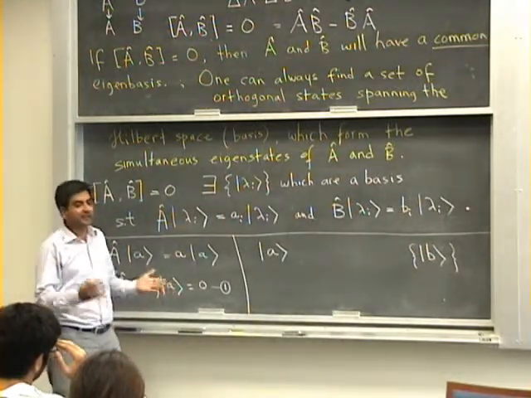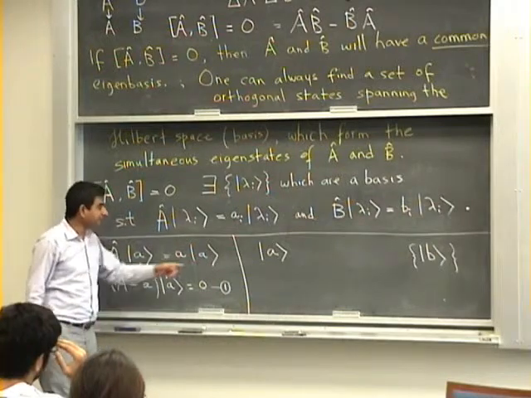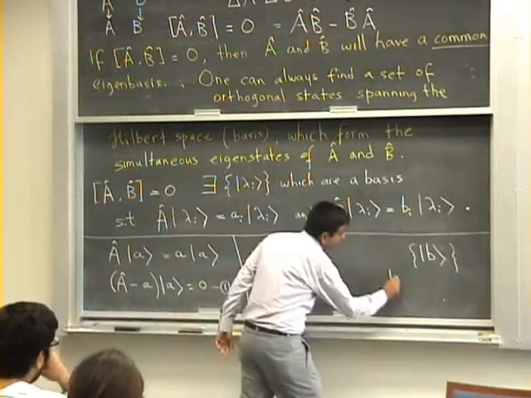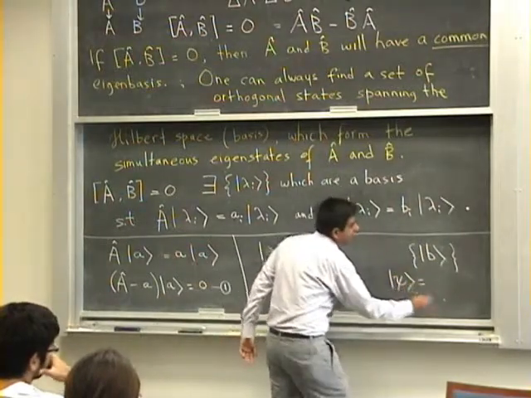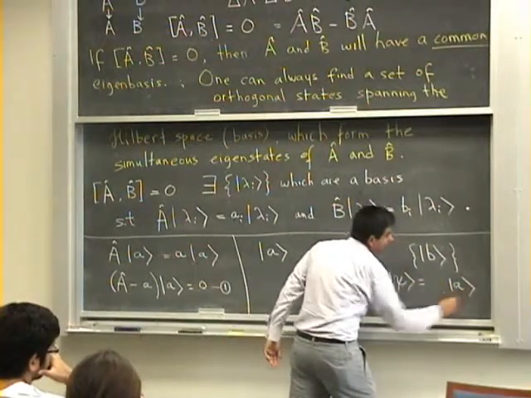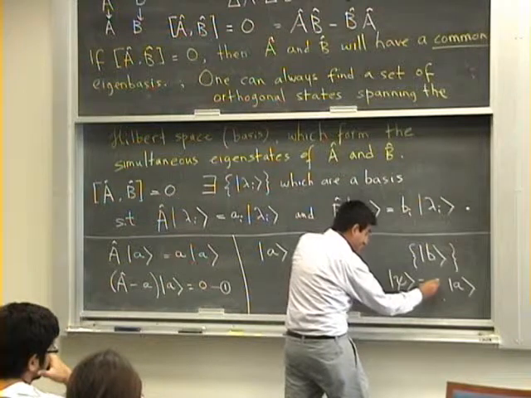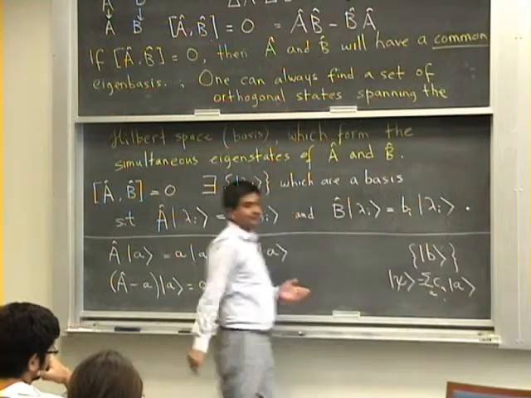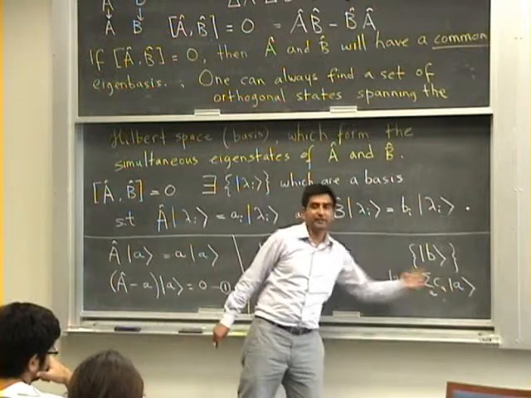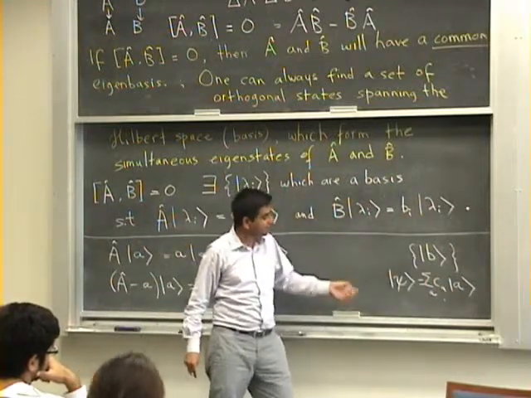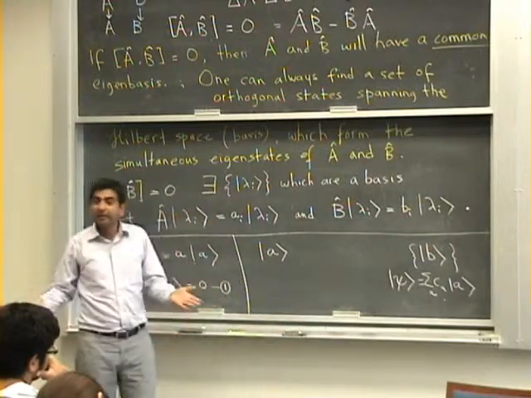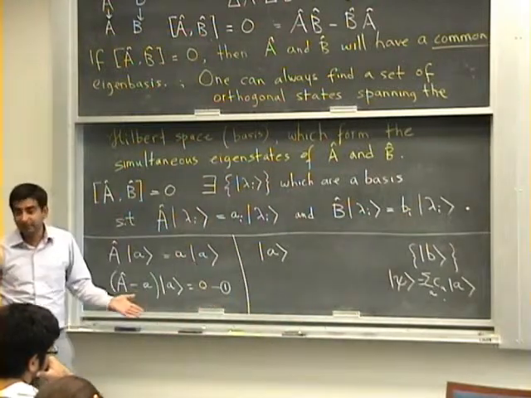Any vector in that Hilbert space can be decomposed, any vector psi can be decomposed as a sum of A's with some CA, right? This is the meaning of a basis state. Any vector in that space can be decomposed as a sum of ket A's, or it can be decomposed as a sum of ket B's.